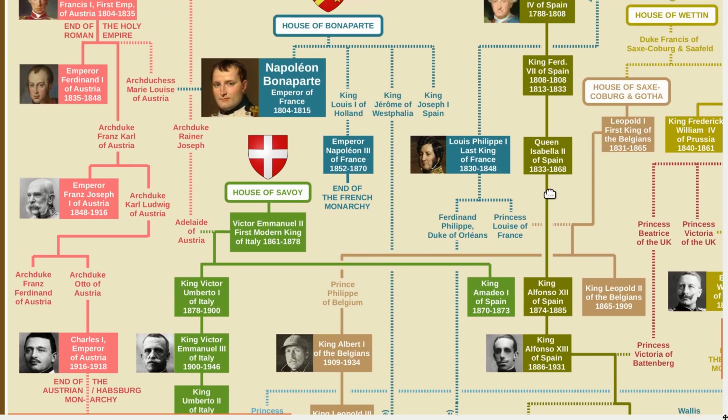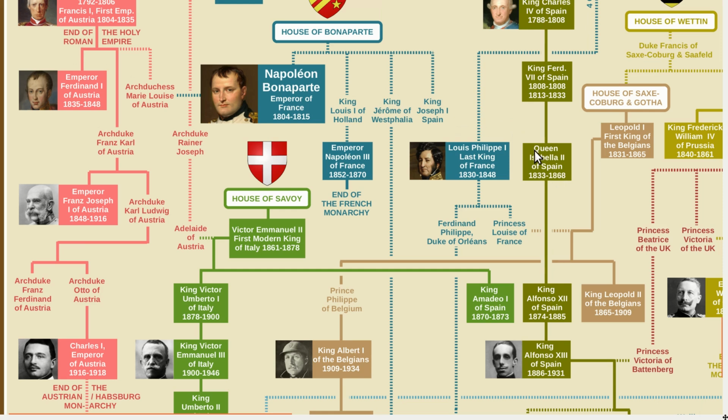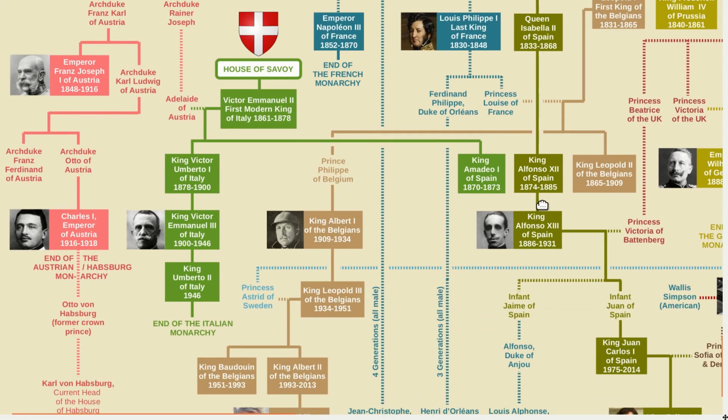Now, I should also point out that Queen Isabella married her cousin, who was a direct male line descendant of King Charles IV, and therefore with Alfonso XII we actually go back to a direct male line only from the Bourbons. So actually all these future kings can still trace a direct male line to the original Bourbon ancestors.